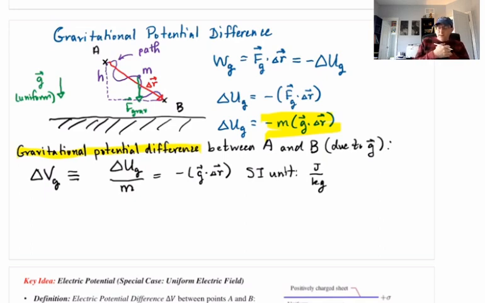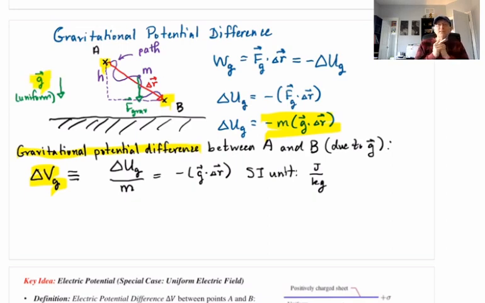Okay, so if we can calculate the gravitational potential difference, delta Vg, between 2 points, like A and B, that delta Vg is just determined by the gravitational field, g. That's what determines that.